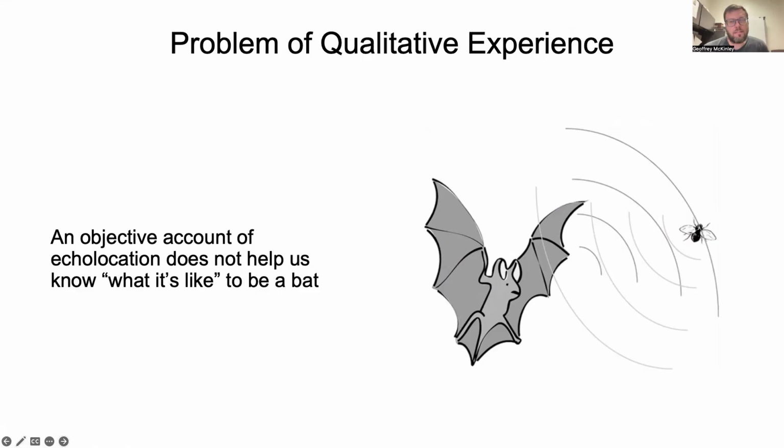The bat emits high-pitched sounds which bounce off an object in the animal's path, and the bat uses the reflection time as a measure of the object's distance. Neuroscientists understand the neural mechanisms underlying echolocation, and engineers have built sonar machines that use echolocation, similar to how a bat does. So we have an objective account of what a bat does, but that doesn't really tell us what it's like to be a bat.